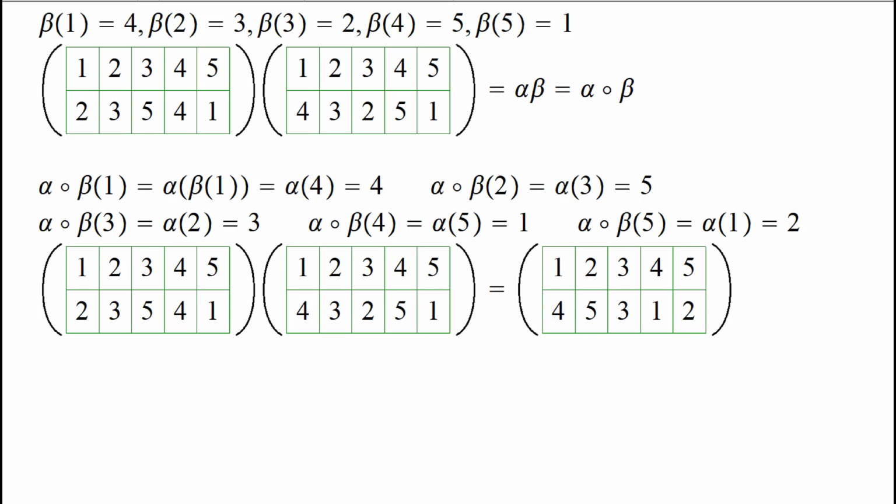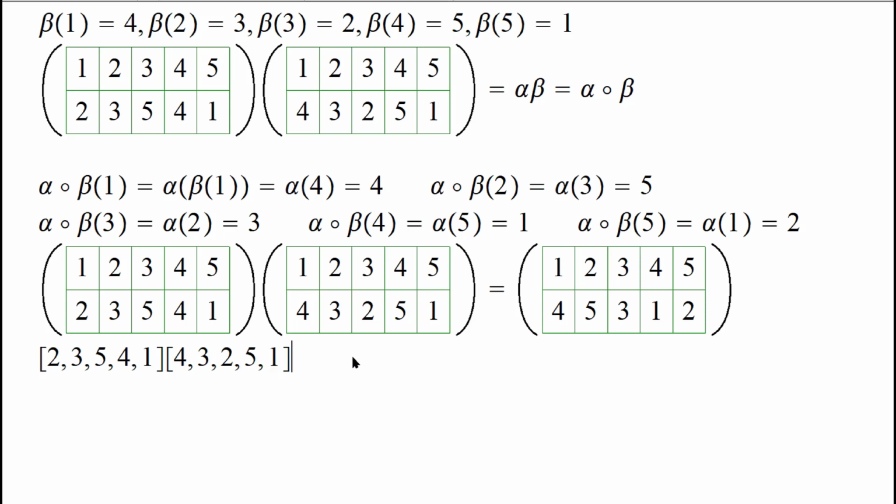Now let's just quickly compare our answer with the answer in Sage. Remember, Sage will write this permutation by just writing the second row, because they are the images of the first row in order.